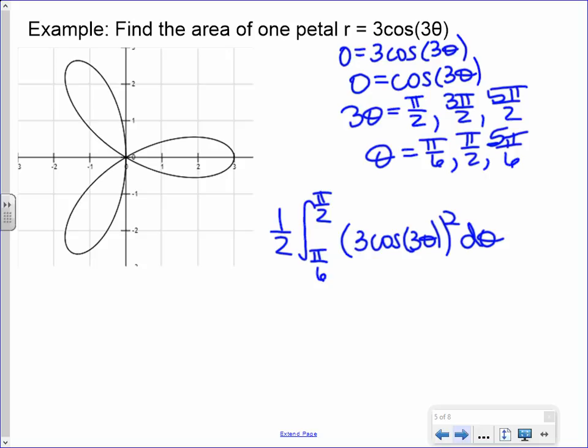You don't want to do that. You want to go counterclockwise. What if you do 0 and halfway through the other one? What if you did 0 to pi over 2? We're talking about 1 petal, buddy.